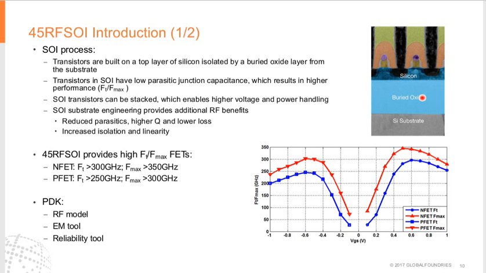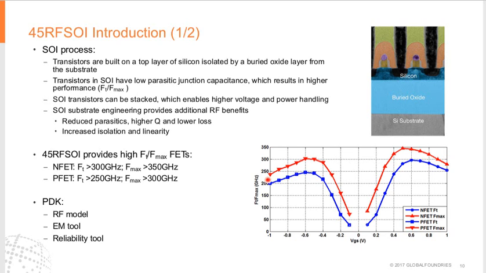SOI substrate engineering provides additional RF benefits. The high-resistivity substrate improves the Q factor of passive devices, and also improves isolation and linearity. For 45 SOI, based on our device-level measurement on one geometry, this is the P-type, this is the N-type. N-type FT is larger than 300 GHz, Fmax is larger than 315 GHz.